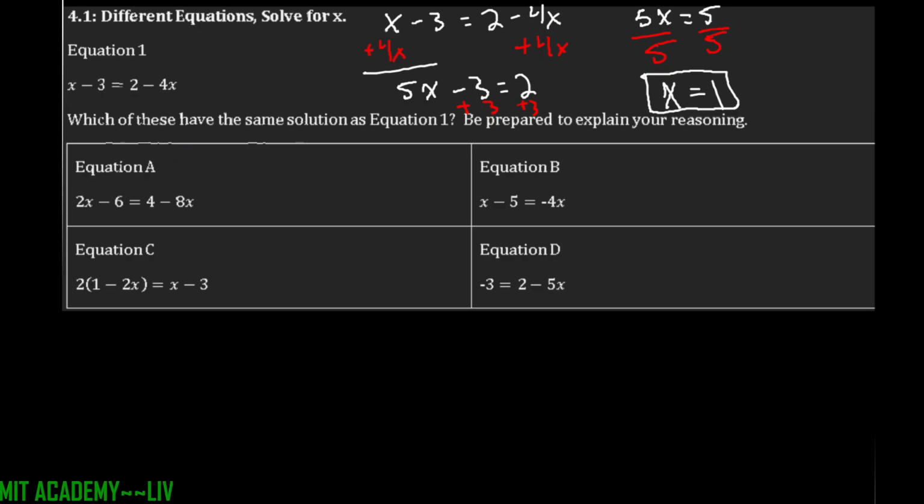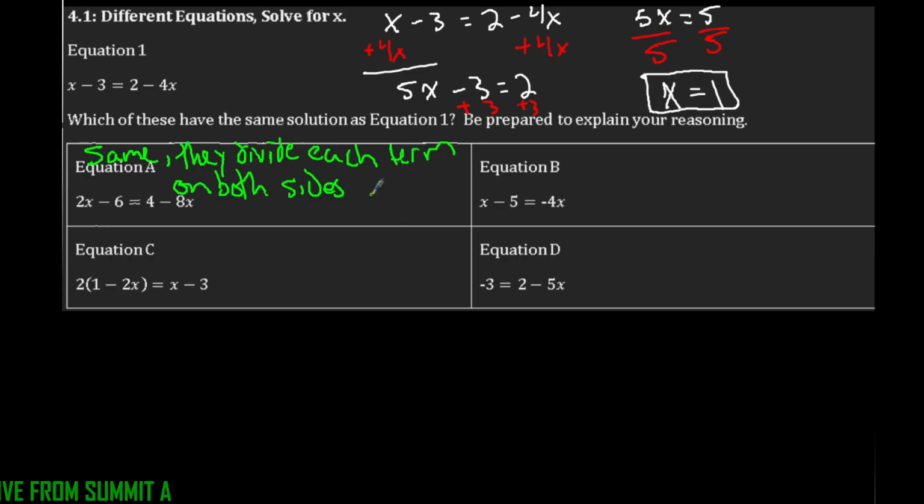I can say this is the same because they divided each term on both sides by 2. If you start with this equation and divide by 2, we get x minus 3 equals 2 minus 4x.